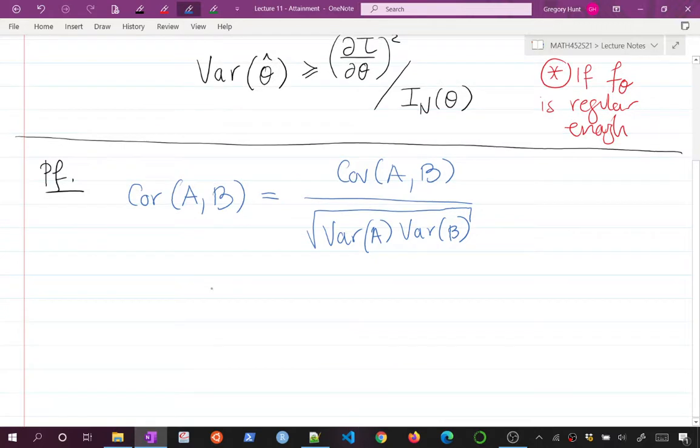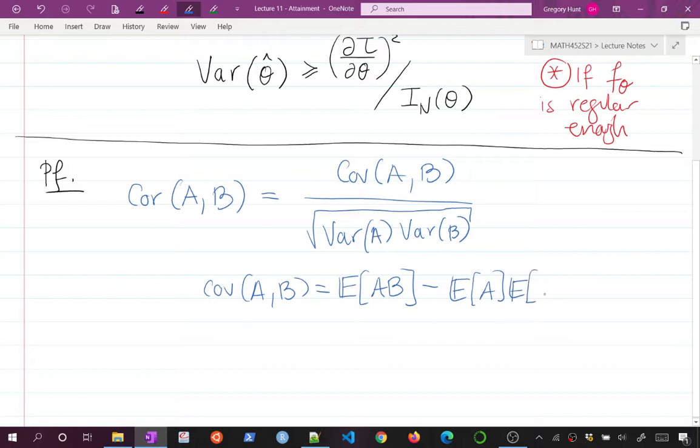Here, covariance between two random variables can equivalently be defined to be the expected value of the product minus the product of the expected values. So this is our shortcut formula for covariance. There's a more formal definition.